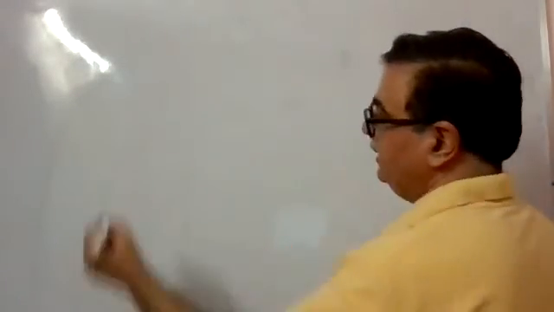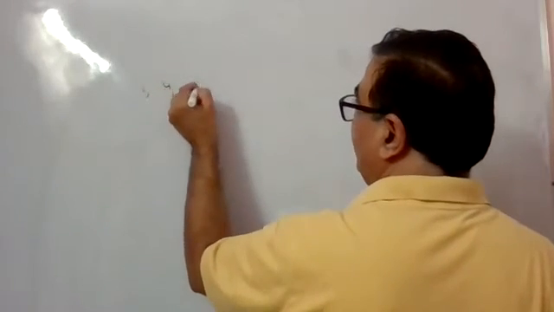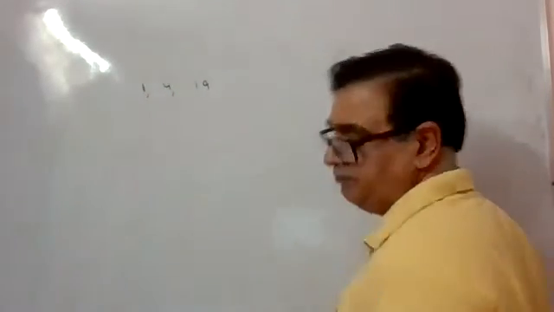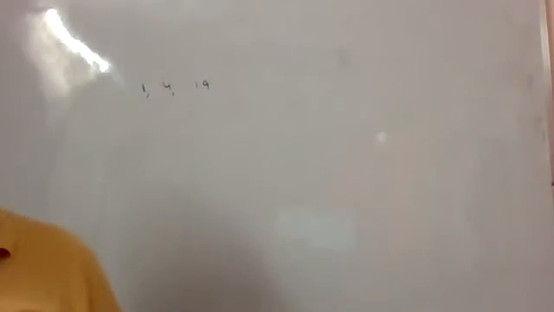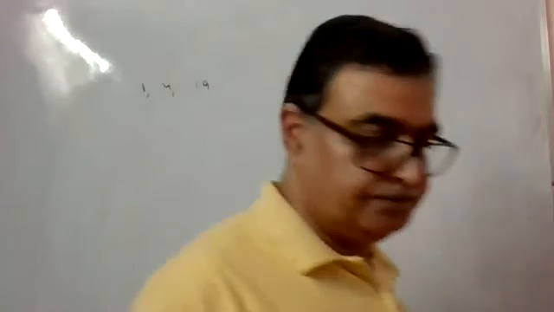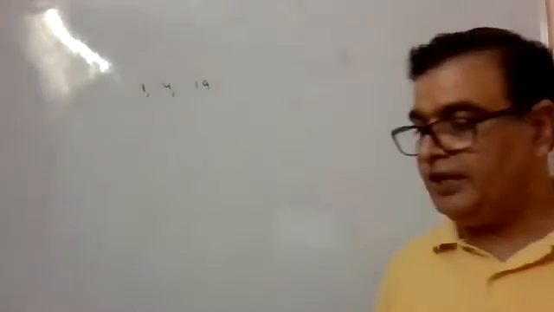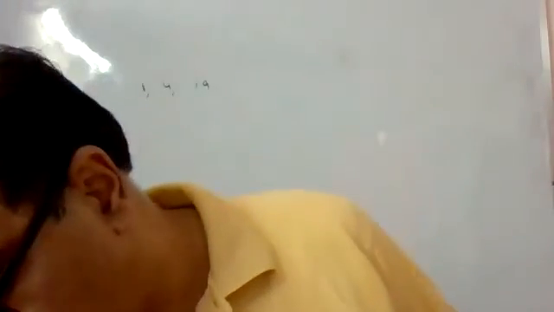If 1, 4 and 19 are added to them respectively, they form a GP. Find what are the 3 numbers we have.